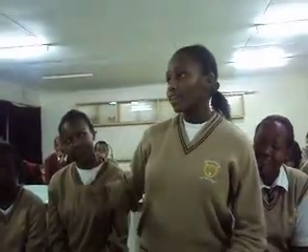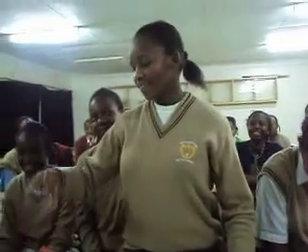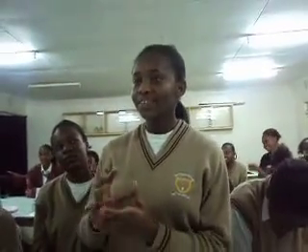Oh yes, Naomi. My name is Naomi and I have the answer to Michura's question. First of all, you can measure the shadow of the rod using a tape measure. Then after that, you can measure the shadow of the building.